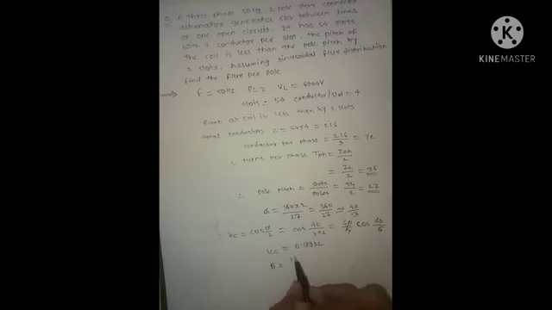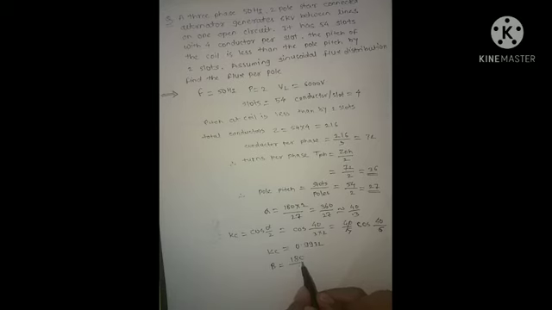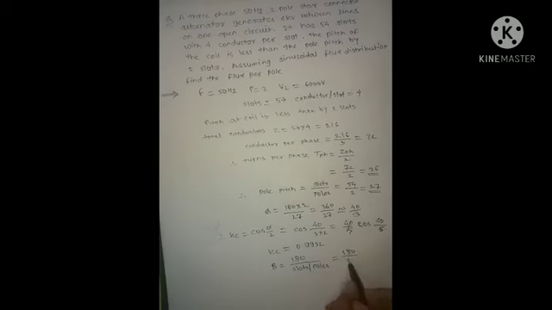Now we have to calculate beta. Beta equals 180 upon slots upon poles. Therefore beta equals 180 upon 27, and the answer is 6.667.